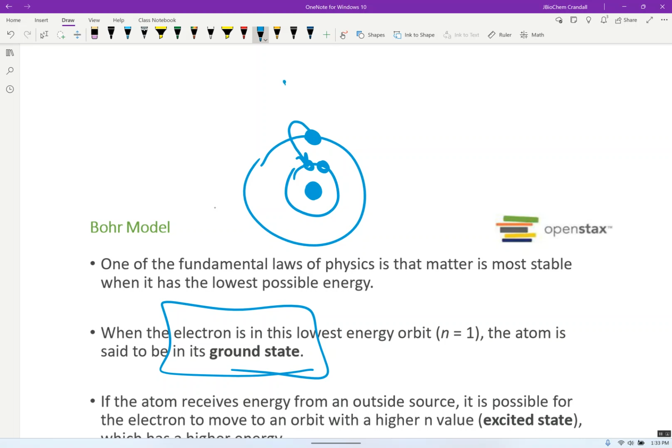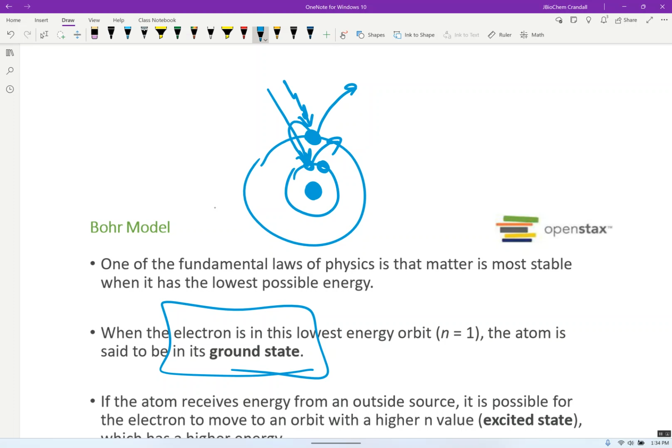Whereas if I shoot a photon of light at this electron, I could move it up into other energy levels. And then it would relax naturally back down to its ground state because that's where it wants to be. You just got it all excited, okay?